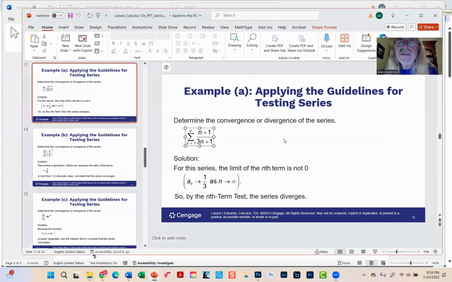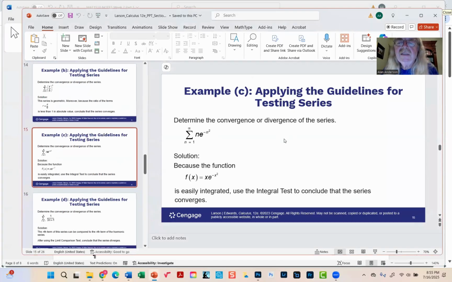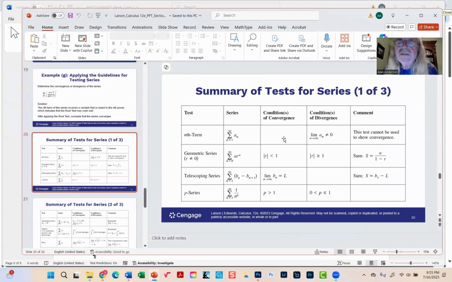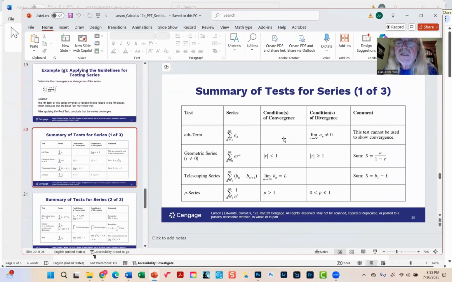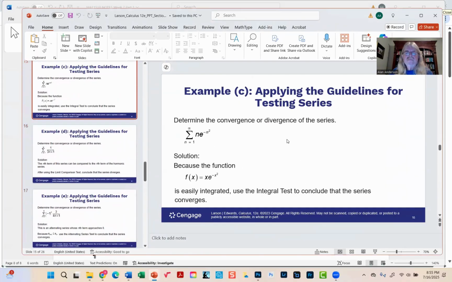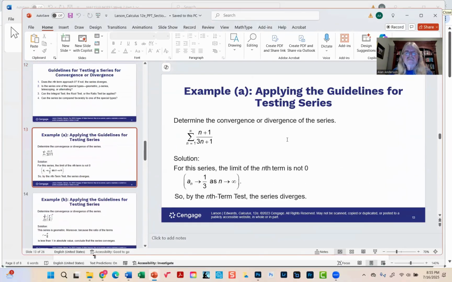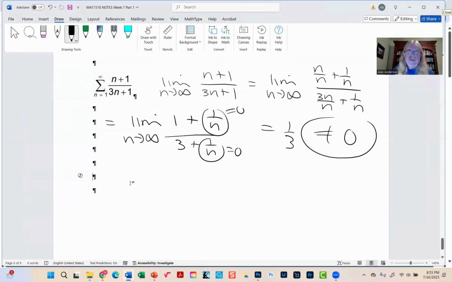And that means the test, that's enough to show divergence. Okay, so that's that one. They're being very helpful with us here by asking which test they want us to use. That's really kind of the challenge. But so this series diverges.